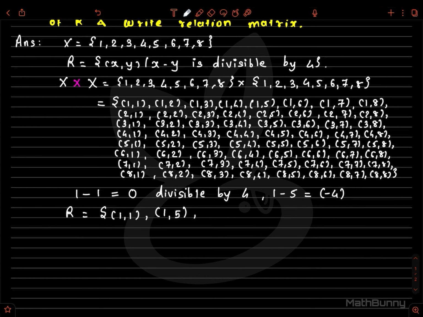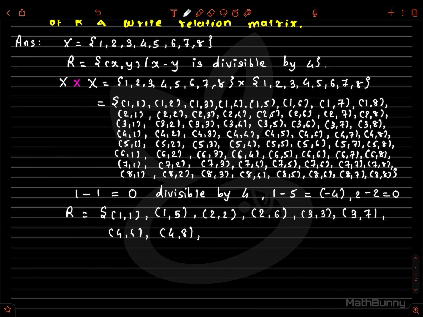Next element would be (2,2), because 2 minus 2 is again 0 and it is divisible by 4. Next element would be (2,6), because 2 minus 6 is again minus 4. And similarly, we can write the other elements, and (4,8).